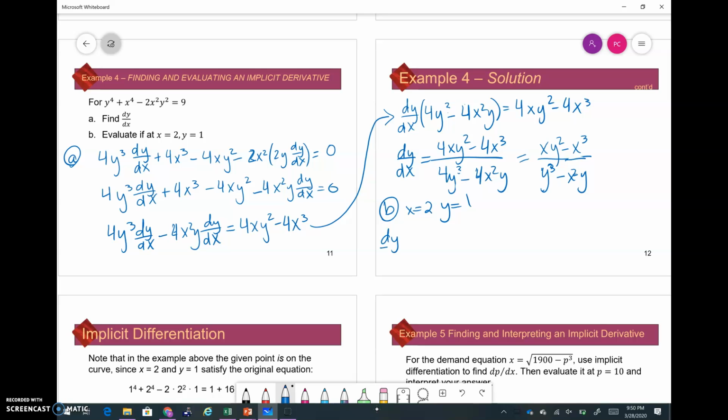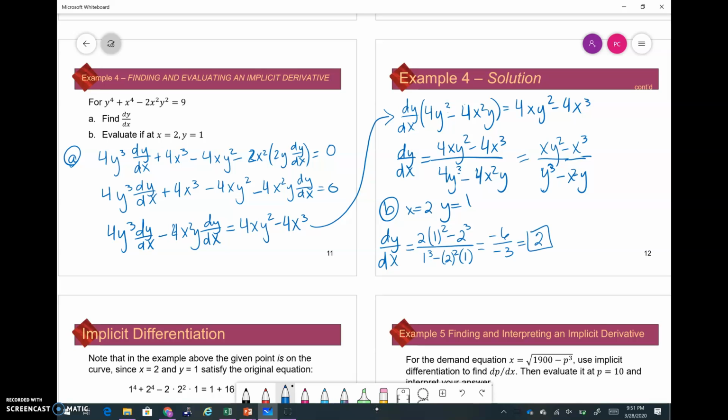So our dy over dx becomes 2 times 1 squared minus 2 cubed over 1 cubed minus 2 squared times 1. All right, when we plug all this in, the top becomes -6, the bottom is -3, which simplifies down to 2.